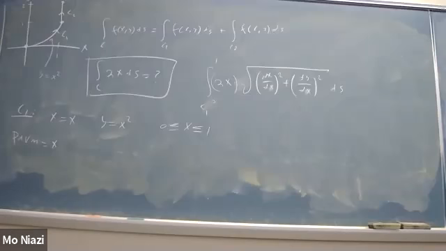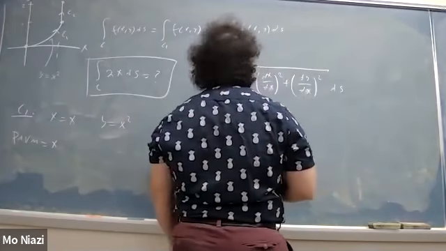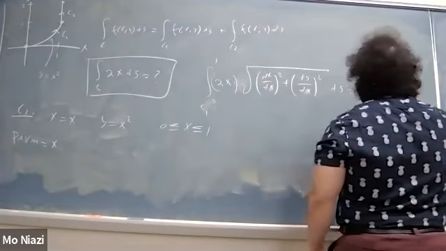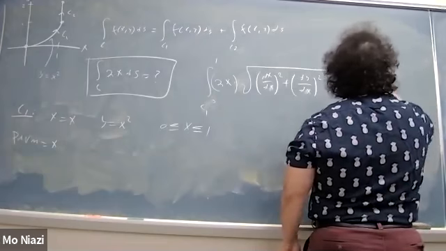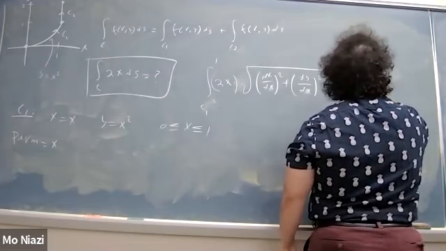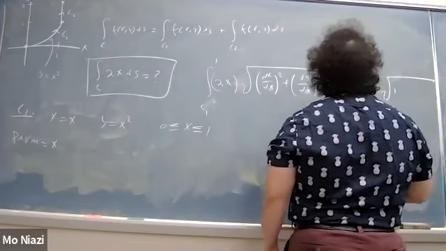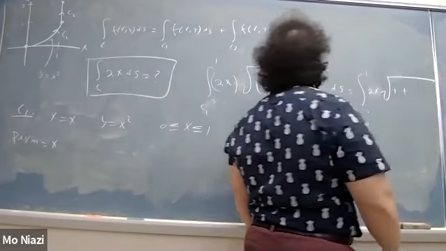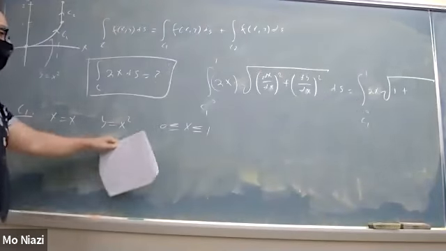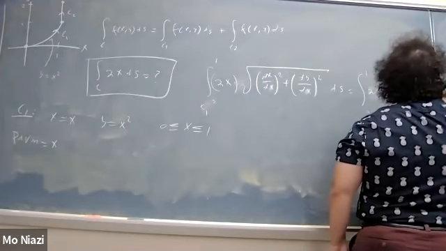If we included a t in there, it would make things unnecessarily complicated. So dx divided by dx is just 1. When you square it, it's just 1. And then dy dx is when you take d dx of this, so that just becomes 2x. And when you square it, it becomes 4x squared.